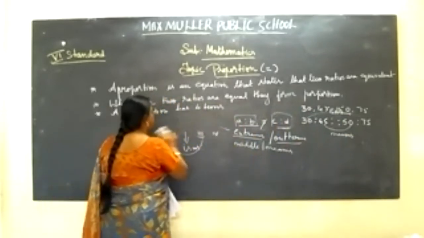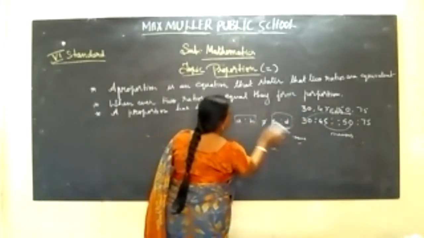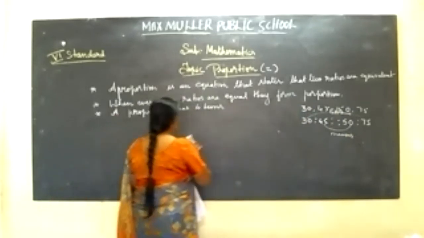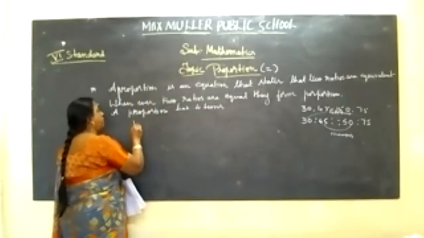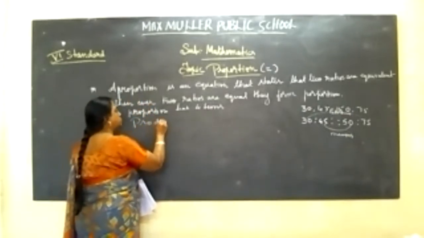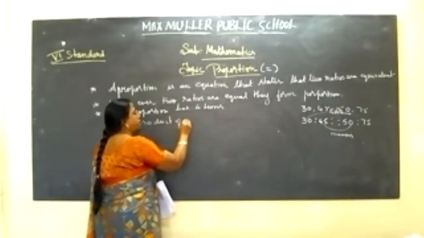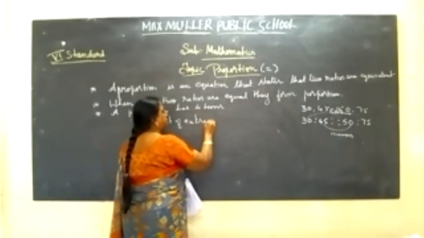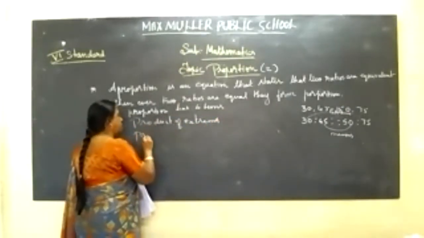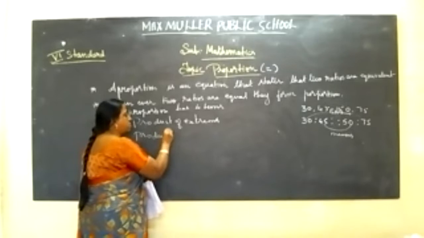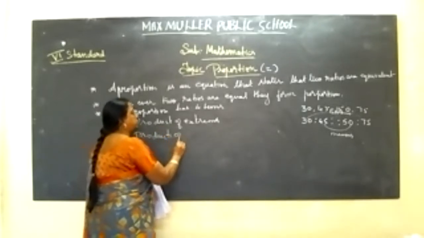So I'll show both the methods. First method: product of extremes, product of means. If both are equal, they are in proportion.